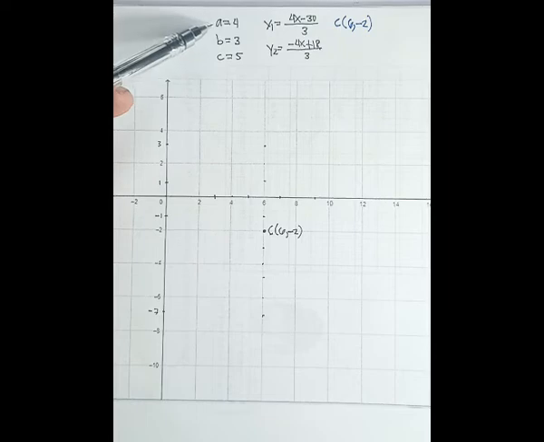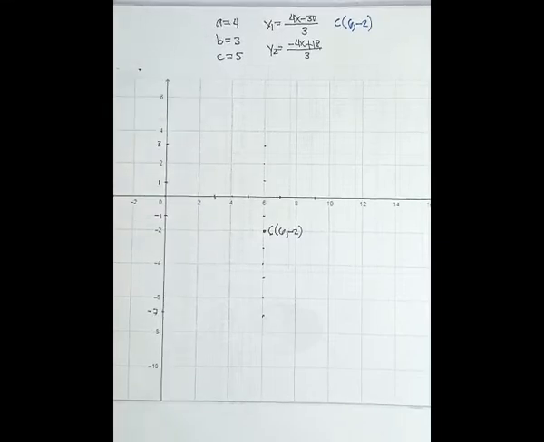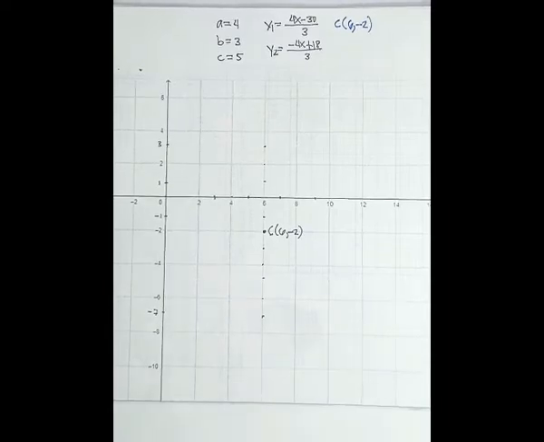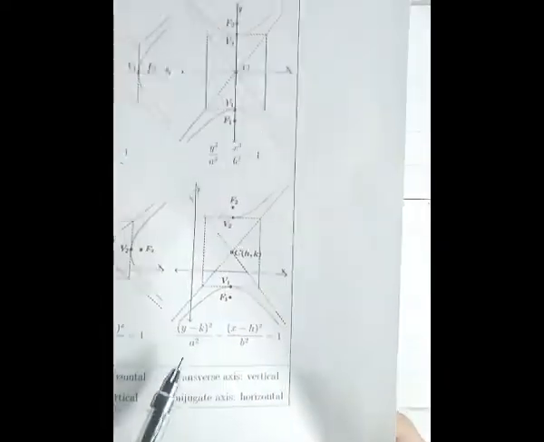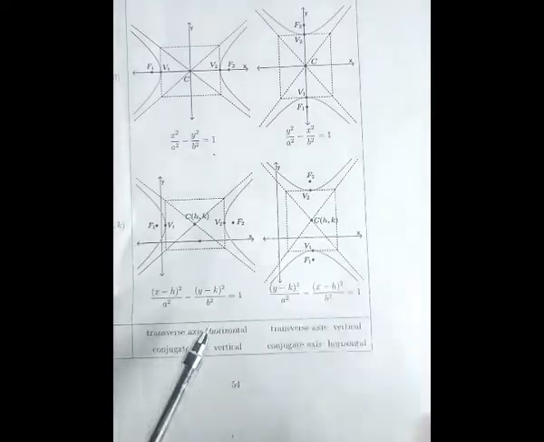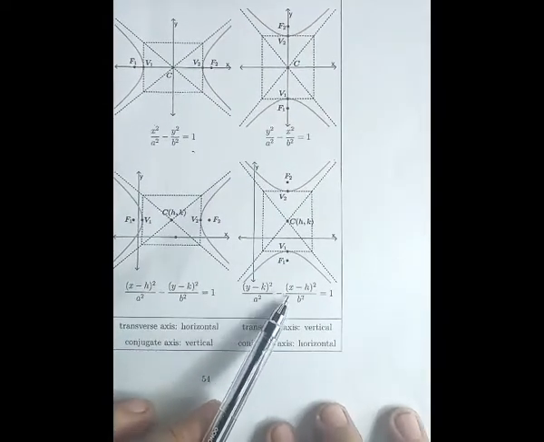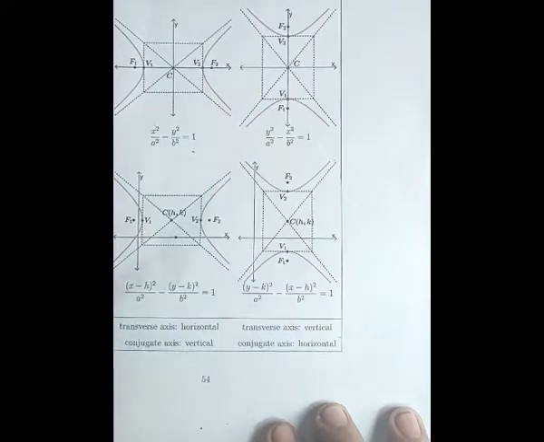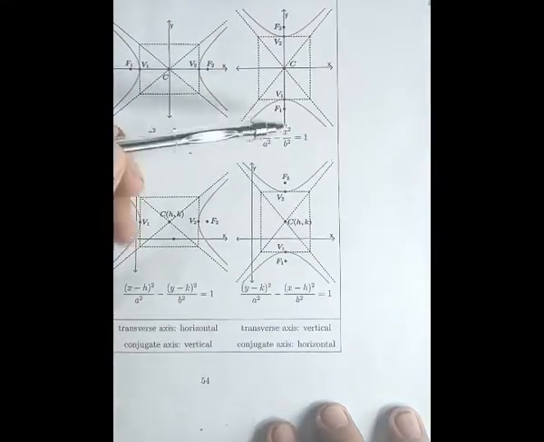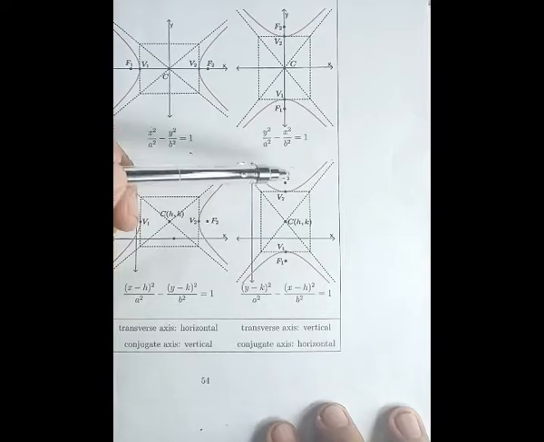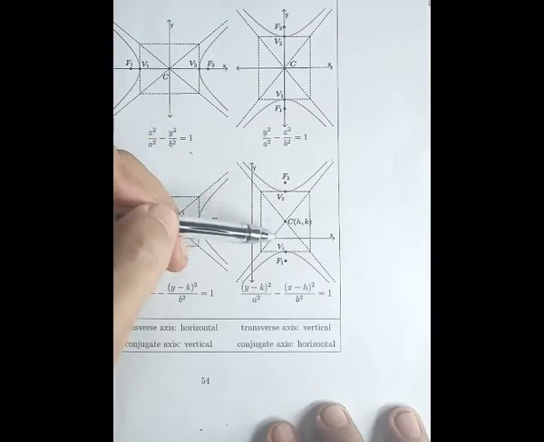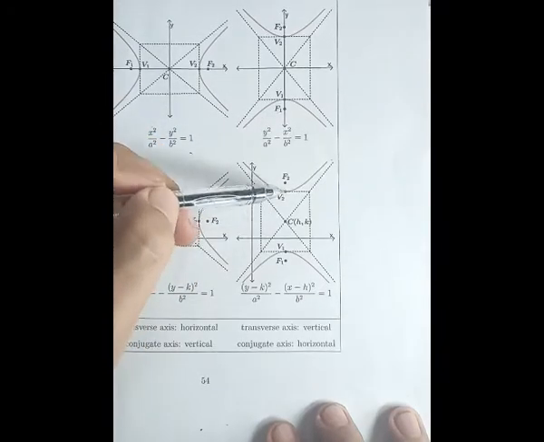And then our a, kaning value sa a mo nag-determine sa atong transverse axis. So a is equal to 4. And then take note nga sa atong standard equation, kaning y minus k squared over a squared minus x minus h squared over b squared, kung y gani ang positive, sa ato papatindog ang atong hyperbola, so mao na siya atong transverse axis.